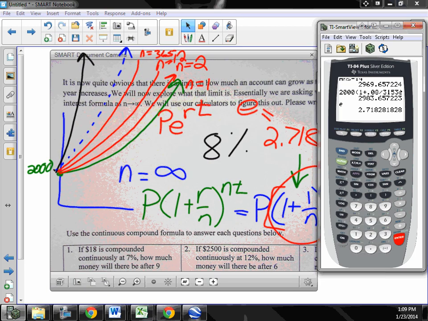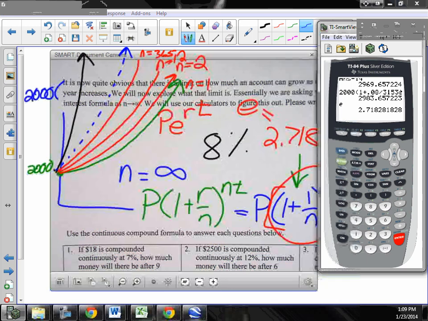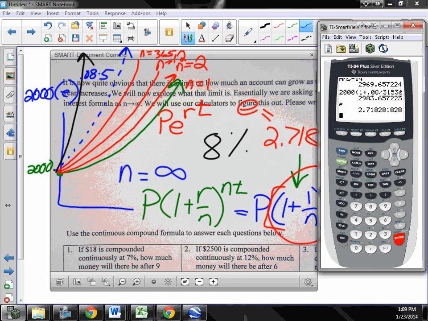Okay, so the dotted line in this case is 2,000 times e raised to the 0.08 times 5. And that's exactly the same thing as using the other equation and plugging in infinity for n.